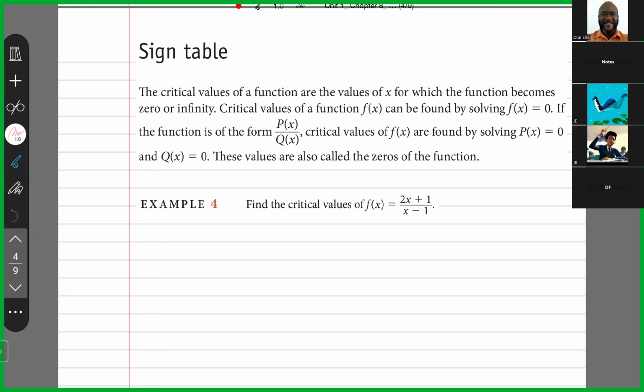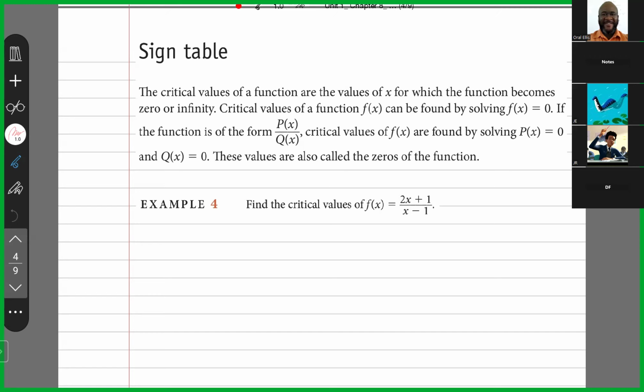Example 4 is asking us to find the critical values of f of x is equal to 2x plus 1 over x minus 1. Now, in the literature that we just read, it says if the function is of the form p of x over q of x, the critical values of f of x are found by solving p of x is equal to 0 and q of x is equal to 0.